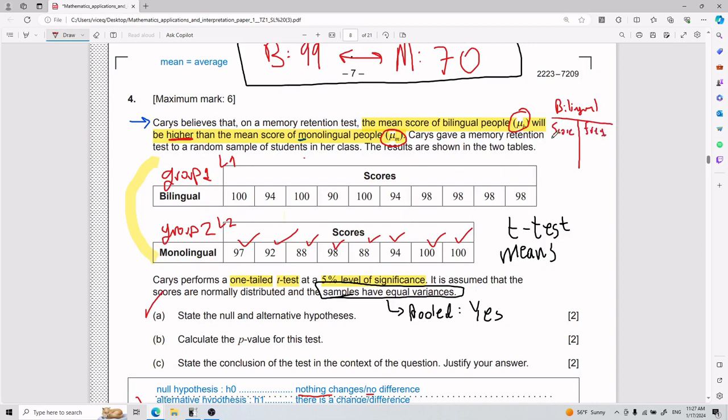The way that works is, let's say for score 100, how many people that are bilingual scored 100? So I have 1, 2. How many people that scored 98 are bilingual? 1, 2, 3, 4. Oh, I missed a 100, sorry. Frequency 3, I missed this one here. What about 94? For 94, we have 1 and 2. And for 90, we have 1.